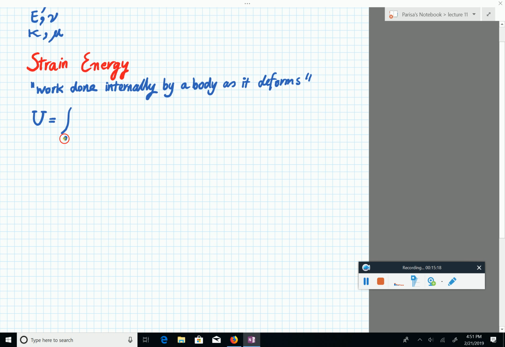And in general, you can just write an integral. You have seen this in other classes. And what you get is a strain energy density, so a strain energy per unit volume. Because we are not really looking at force and displacement, we are looking at the stress and the strain.